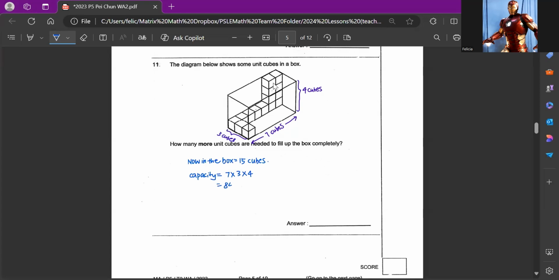This will be 84 cubes in total. So maximum the box can fill up 84 cubes, but now in the box there are currently 15 cubes. So now you can find out how many more cubes to fill up completely. Just take the difference. Okay, so that will be another 69 more cubes.